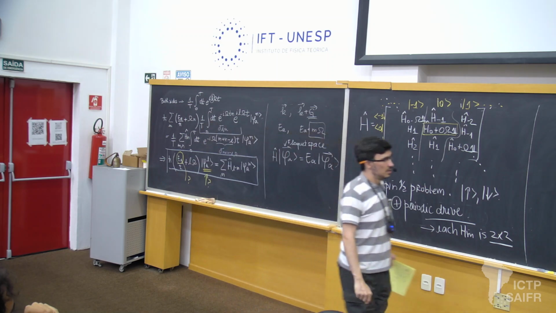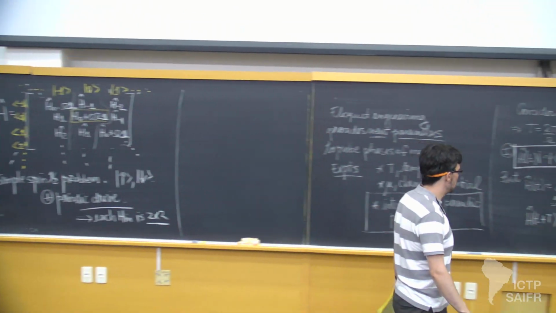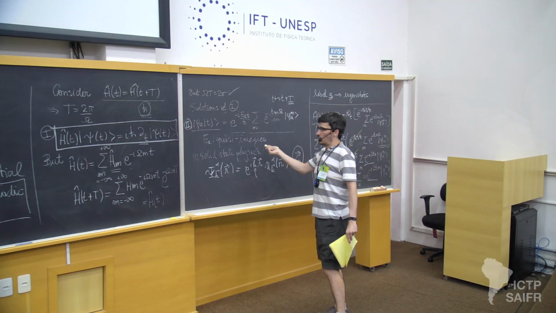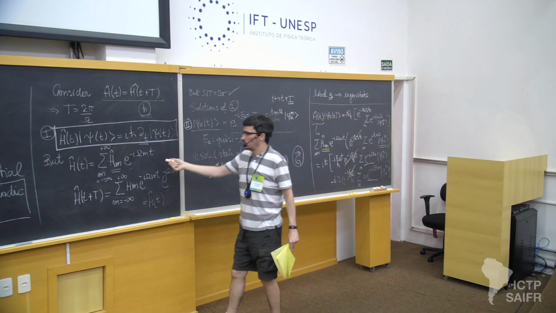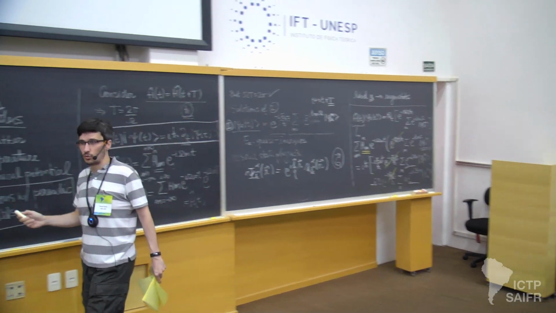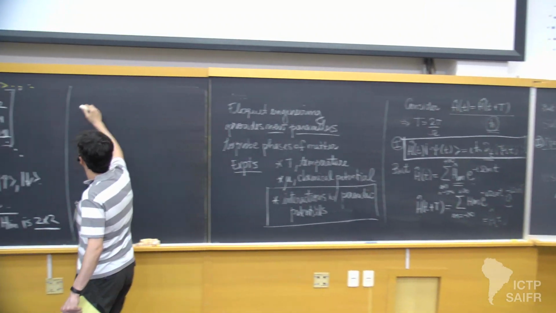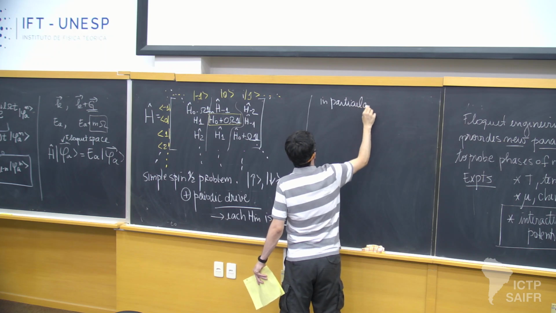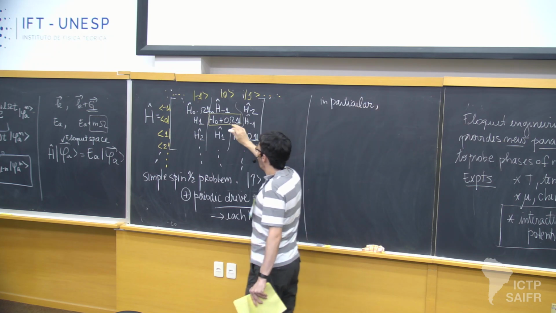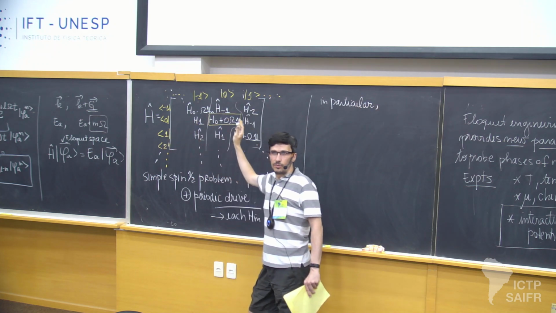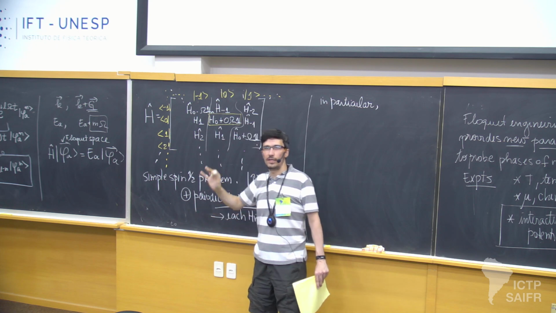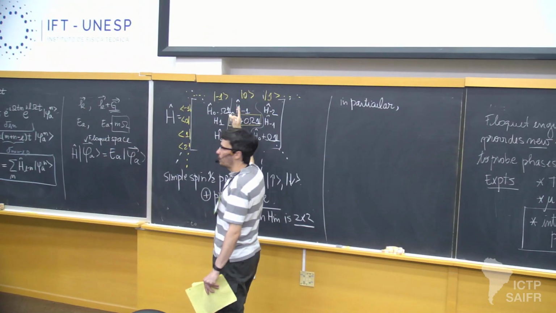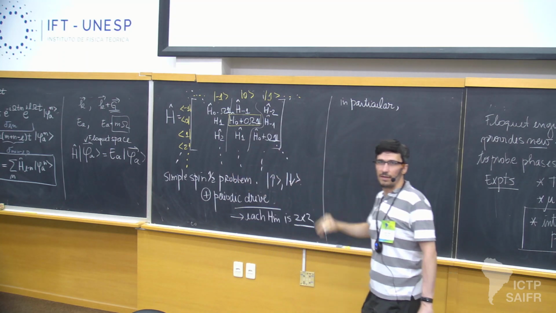In particular, if you ask what is H0, H0 is the component with m equals 0, so it's the average over time of the Hamiltonian, okay? It's going to be important. All of them are important here, but we are going to see by doing perturbation theory and other things that the most important ones typically are H0, H1, and H minus 1, but sometimes all of them.